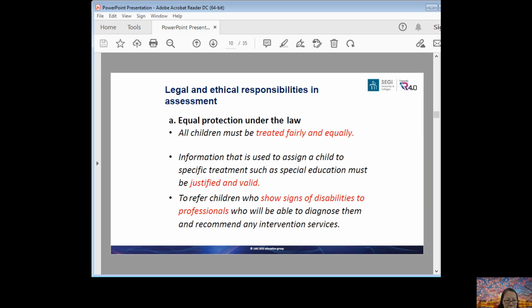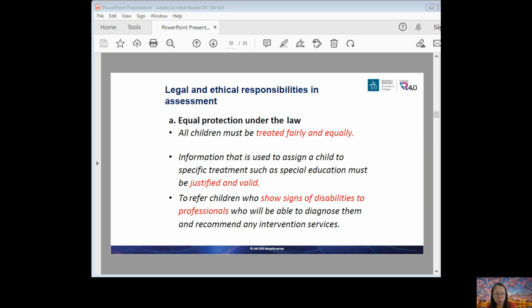After evaluation, and when treatment is given, for example for special education needs, it must be just and valid for that child. Let's say there's a treatment needed for this child because she is special. Whatever it is, it must be just and valid to the child.